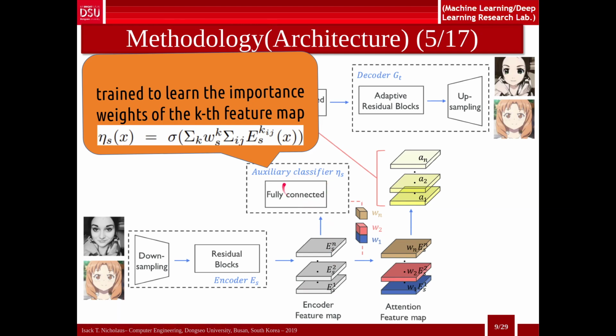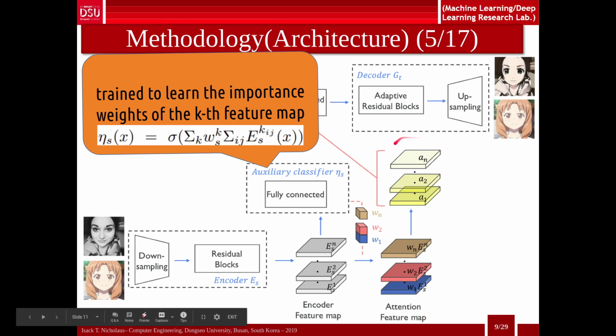From the auxiliary classifier we'll try to learn the important weight, and after learning the important weight it will combine the learned important weight with the encoder output to create what is called the attention map.